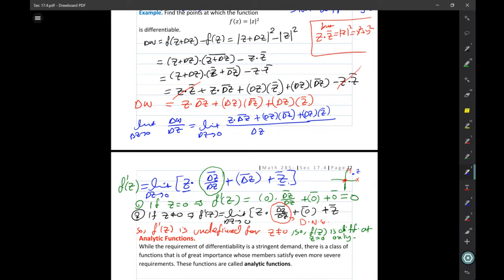So the total limit will become 0. Any question? Any more questions here?